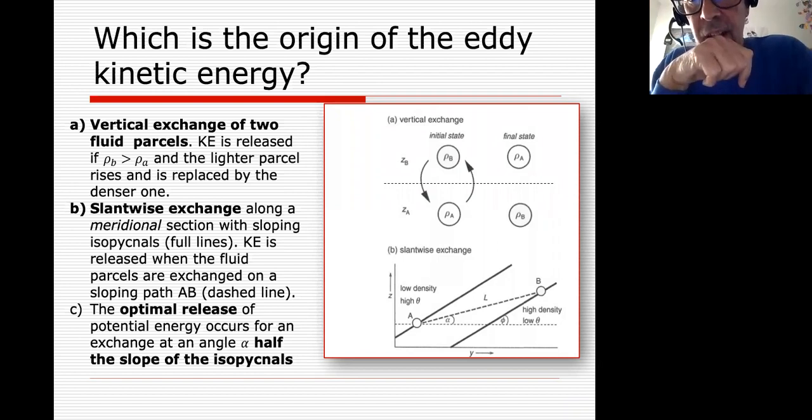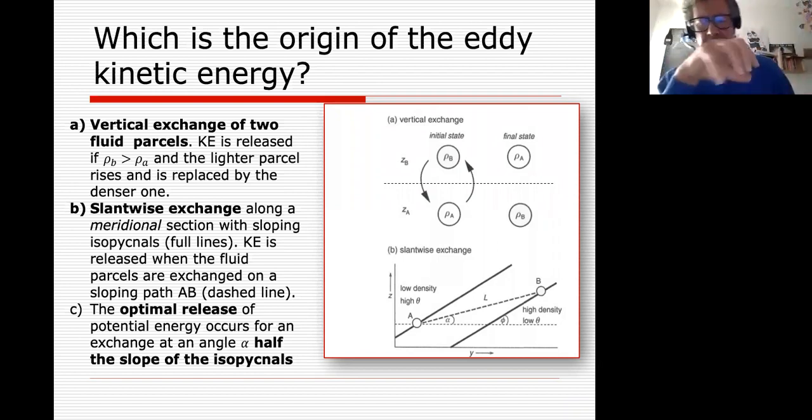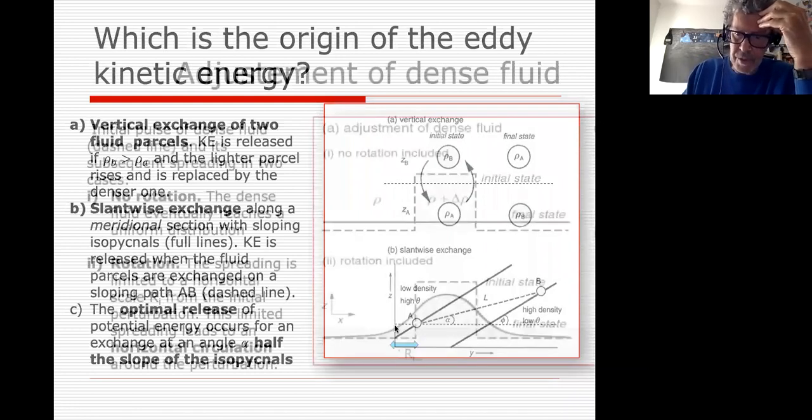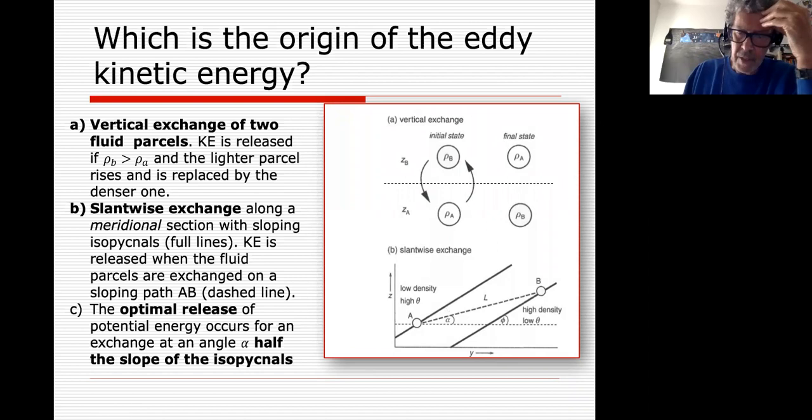Instead of a vertical exchange, as in the upper part of the figure, we can examine the slantwise exchange. Imagine that instead of a two-layer fluid separated by a horizontal interface, we have isopycnals slanted this way.